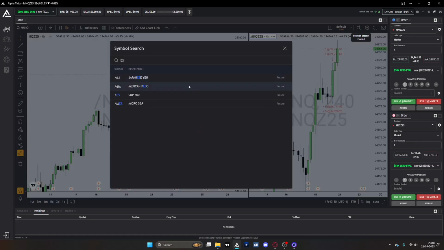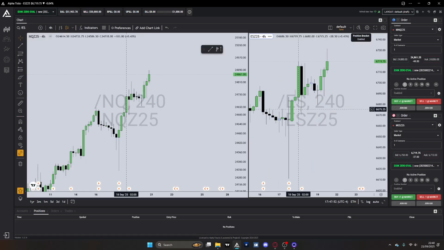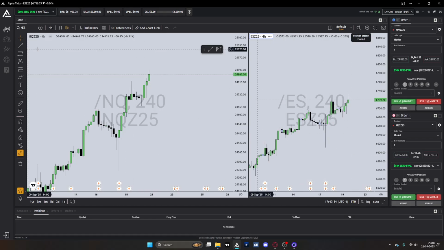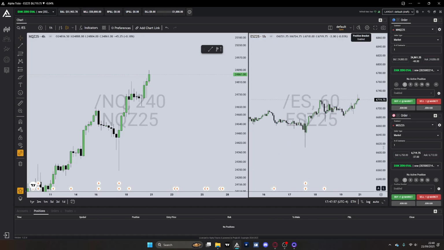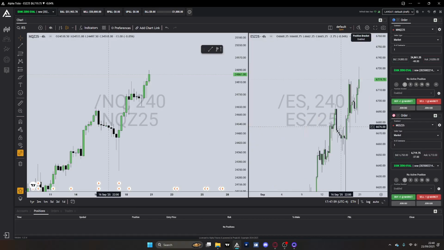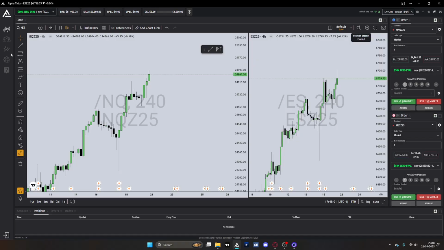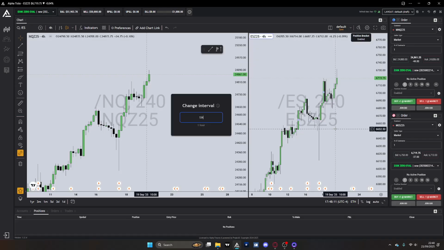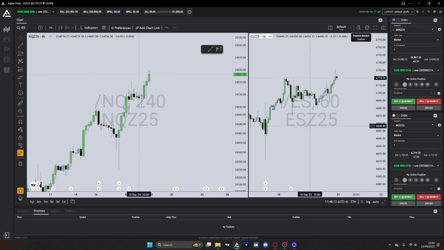So we never end up going back to rebalance to equilibrium, which kind of sucks because that was kind of the whole point. But at the same time, we don't really need to go back to equilibrium in a way because we've already taken out Asia and London low. That's basically the target.